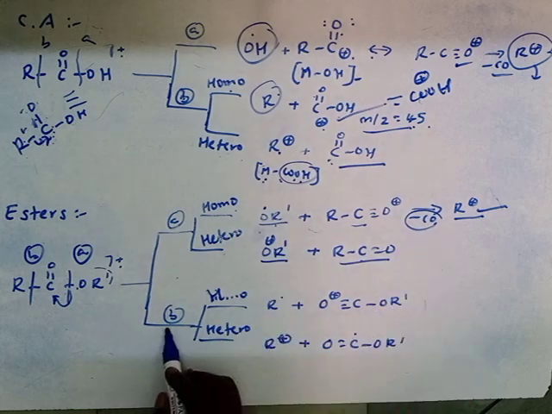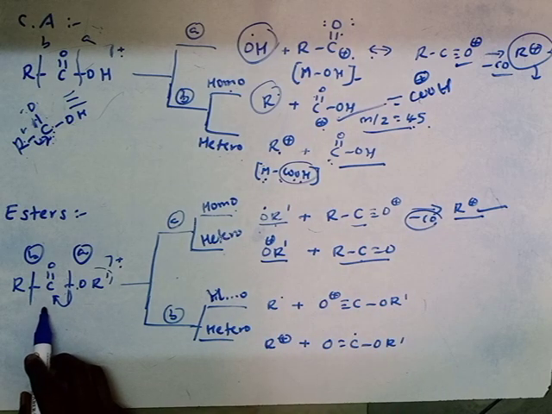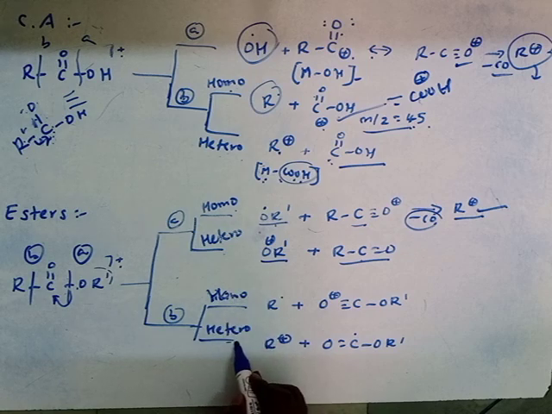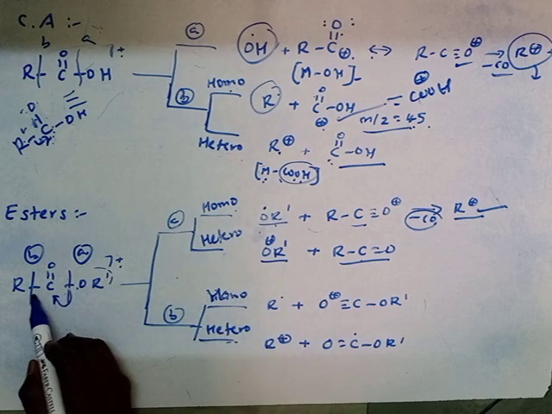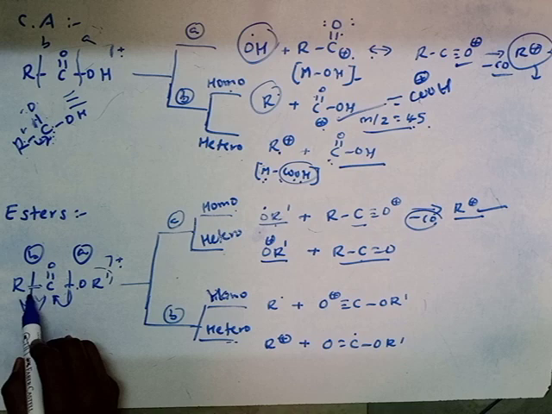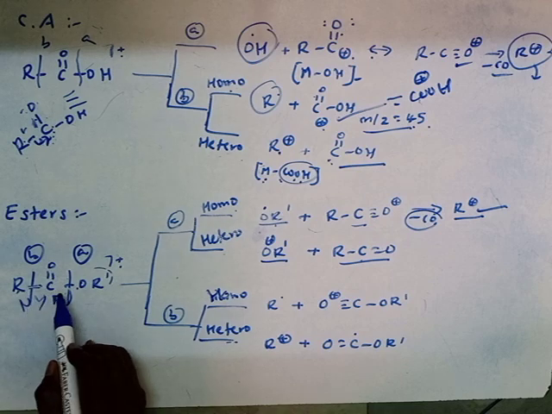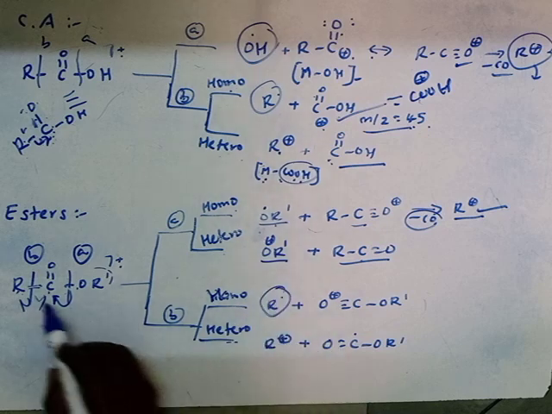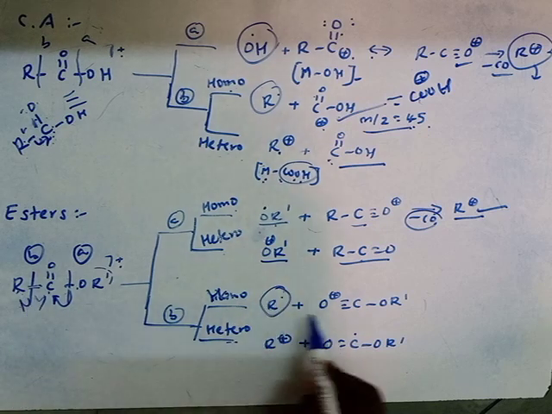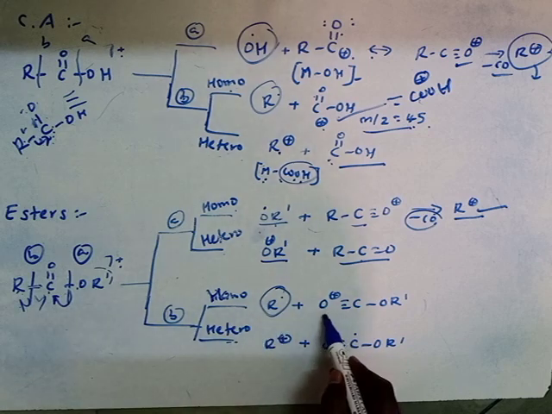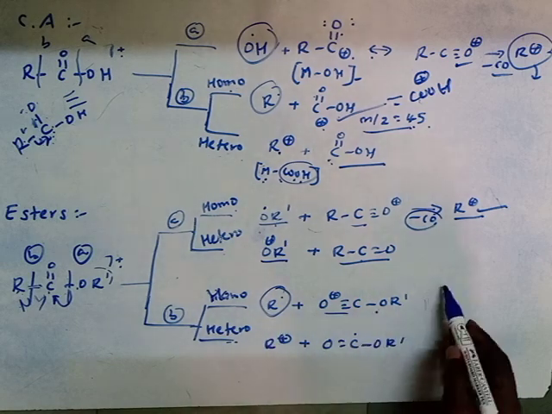Similarly, if B-type cleavage takes place, it will undergo homolytic as well as heterolytic cleavage. Homolytic cleavage means sharing of electrons, the bond will be shared by these two electrons between this carbon atom and this carbon atom. So here loss of R radical takes place, and there is a formation of cation, and there is a loss of CO2.